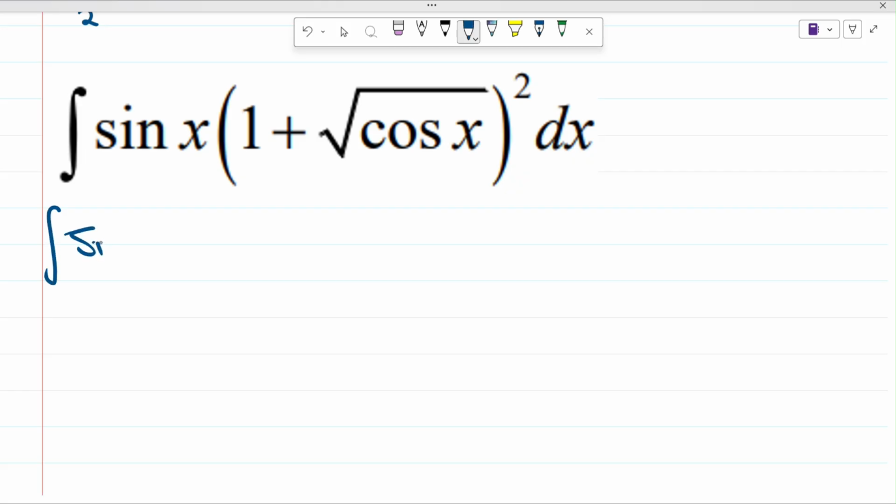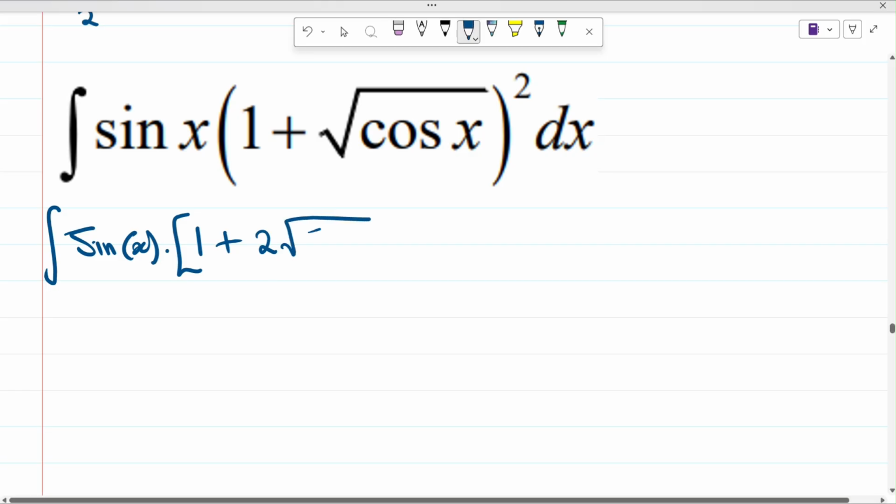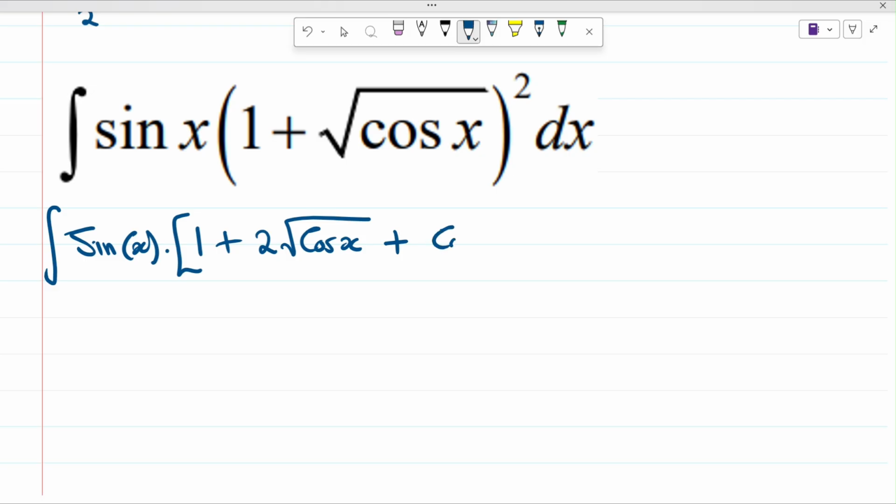So this is how it's going to be for this one. This is going to be sine of x into 1 plus 2 root of cos x plus cos x.